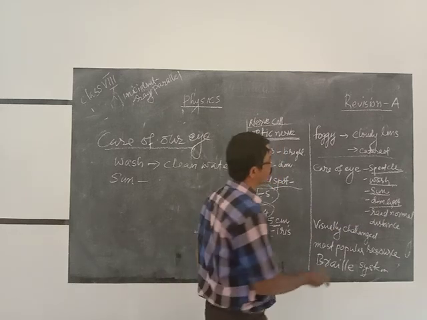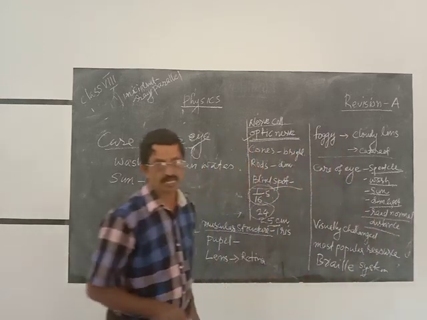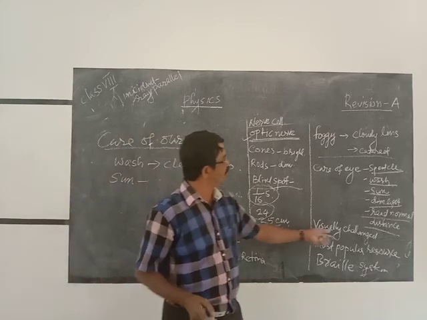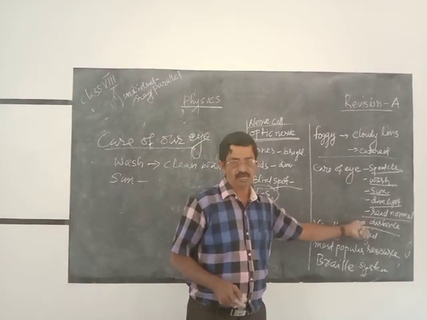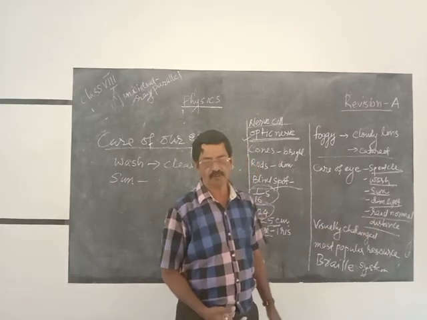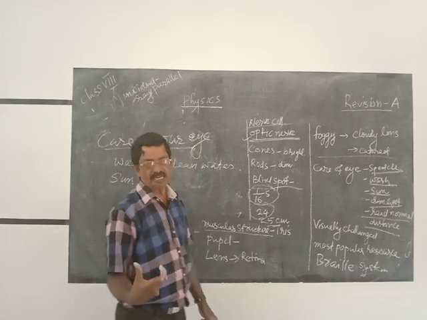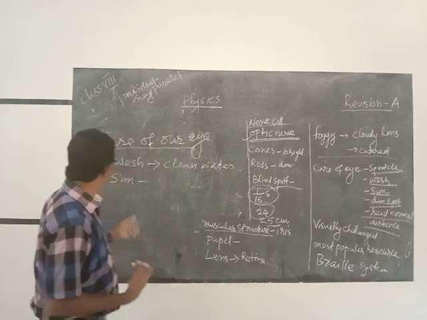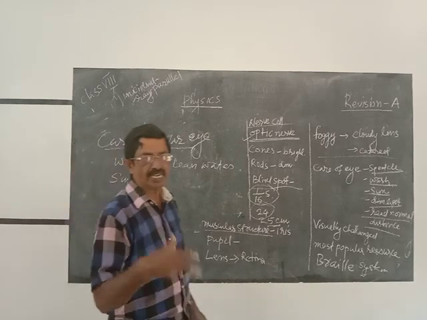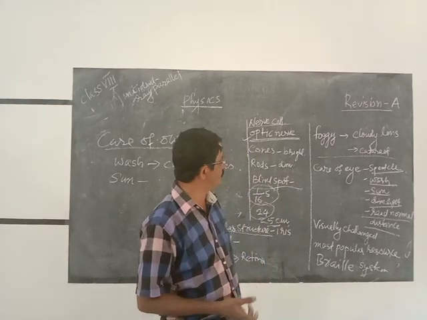Then another step, that means read at a normal distance. That means not read very close or very far when we are reading. When we read, the book must be at a suitable distance so that our eyes do not get strained. That also we want to take care.